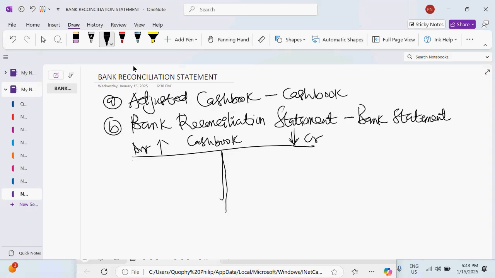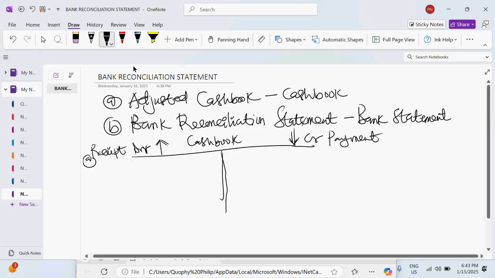The debit side is the receipt side, and the credit side is the payment side. So that is the cash book for you.